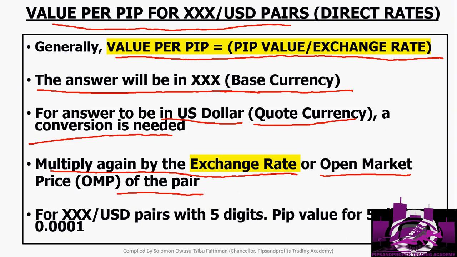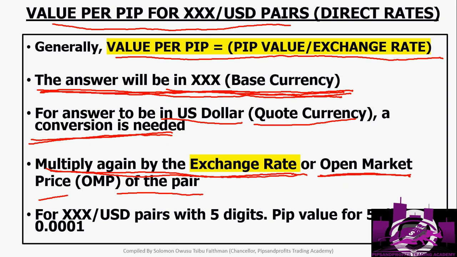And when you do the calculation, the answer will be in the base currency. If the base currency is different from your deposit currency, then you have to apply a conversion rate. So how do you apply the conversion rate?